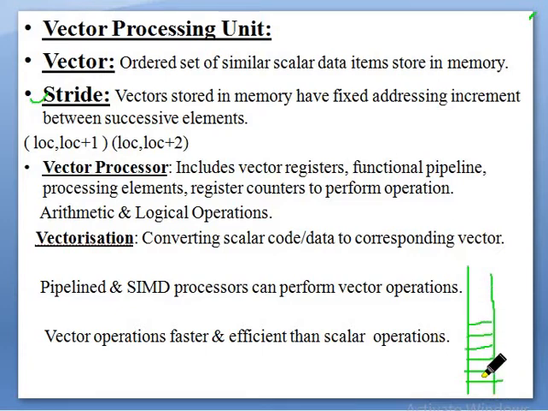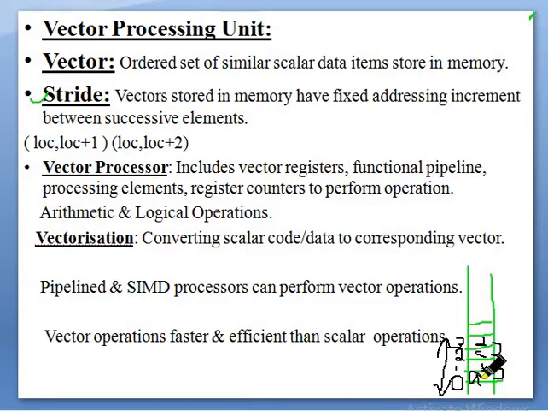Here I have stored A, then B, then C, then D, at location numbers 0th, 1st, 2nd, 3rd. Now stride means a uniform difference between any number of locations, so that I will get different data in every location. So that is called a stride.